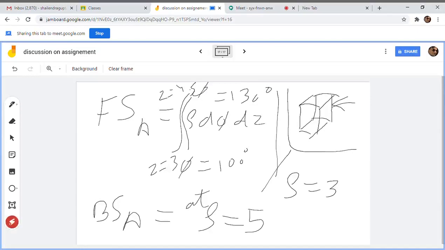Then we can talk about this side surface. What is it made of? This is made of rho in the radial direction and the z direction. So this is simple.